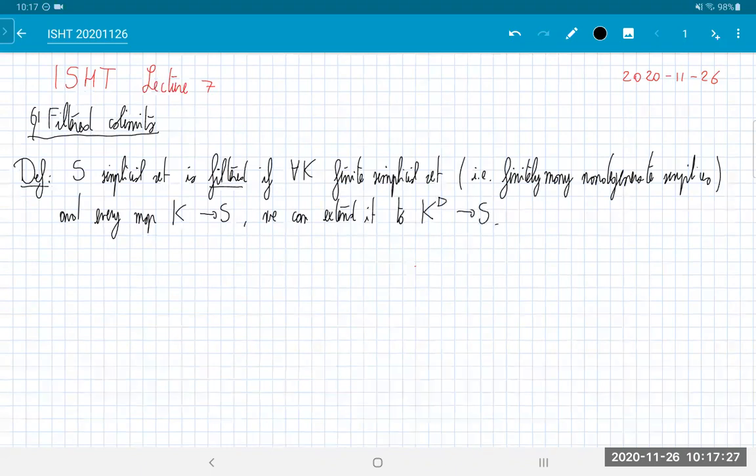Okay, that's a general definition, but we are actually going to be more interested in this example.